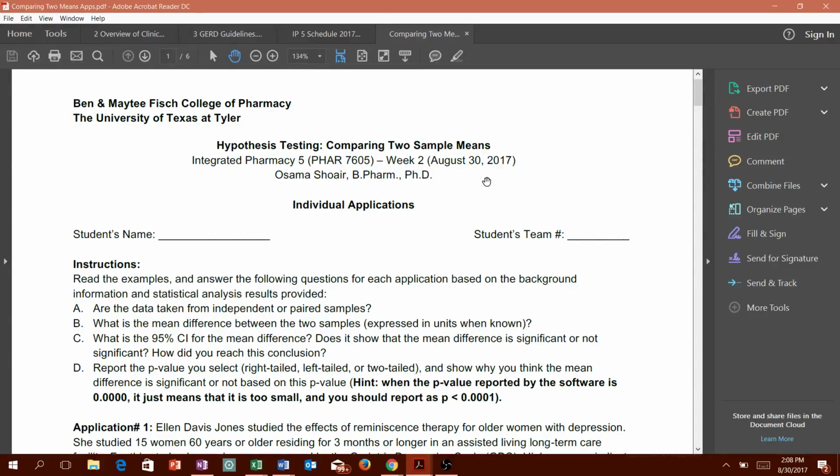How about the mean for sample 1? 128.2. And how about sample 2? 126.5. Okay, what is the standard deviation for the first mean? 17.5. That's good. And how about the second sample? 20.1. Okay, and let's say the alpha here is 0.01.